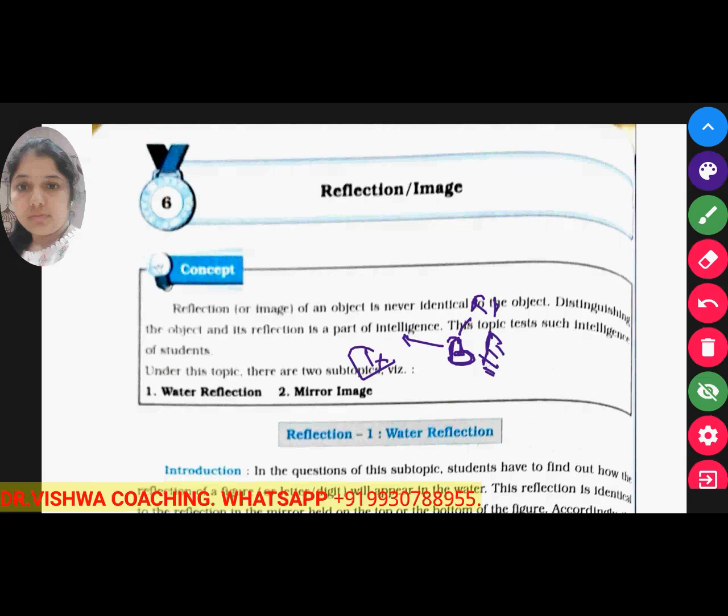When it gets reflected in the mirror, these two semicircles come to the left and the standing line goes to the right. Whatever is in the right goes to the left, and whatever is in the left comes to the right in the mirror. So this is the theme of water and mirror images.